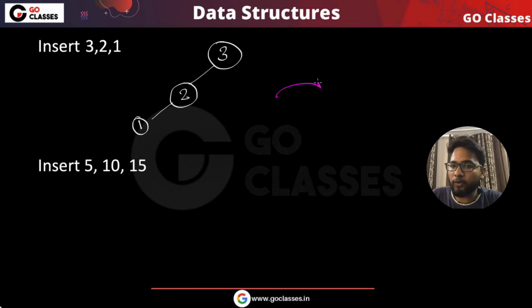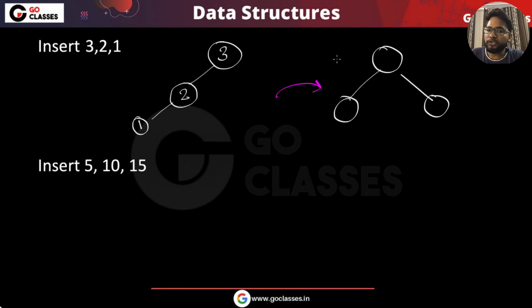So how am I going to do it? I'm going to convert this into another tree such that the tree is balanced. Something like this, okay? Now, suppose I give you this structure and say that these are the 3 values, 1, 2, 3, that you need to fill in this structure. What will you do? You can easily fill it, right? How many such permutations are possible? Just one. Given any structure, if you are asked to fill a binary search tree or an AVL tree, there is only one possibility.